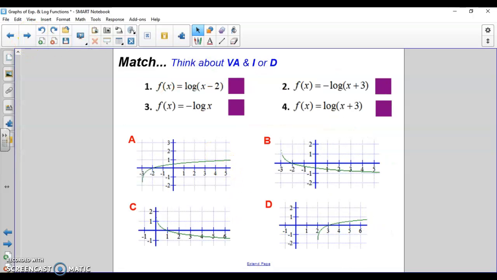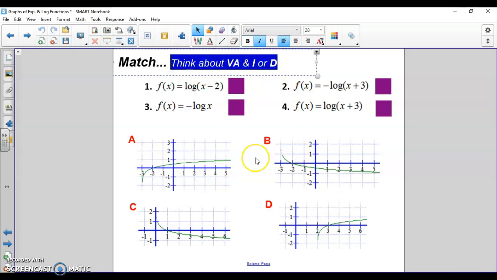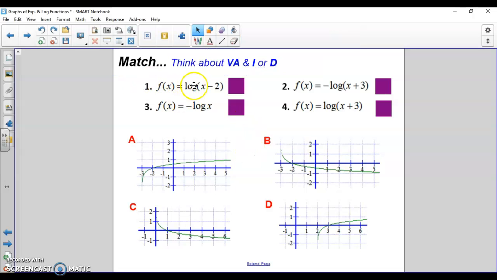Last thing is matching. I'm keeping it even simpler on these. You're thinking about two things and two things only on these ones. Is vertical asymptote, and then is it increasing or decreasing? That's it. So if I look at these graphs, I got 1 and 4 are both increasing. A and D are the only ones decreasing here. Now, vertical asymptote or domain.